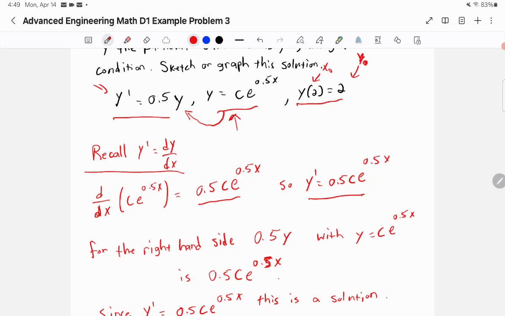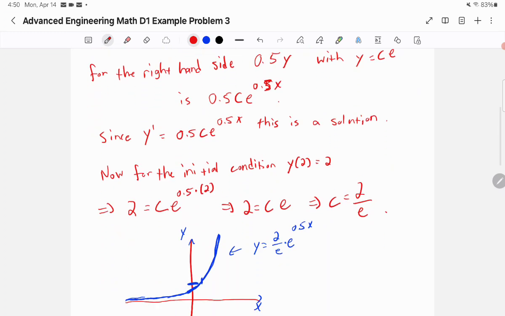Now, to handle the initial condition, I'm going to substitute in 2 for x and then set this whole thing equal to 2. So that means y of 2 is equal to 2, which implies that c times e to the 0.5 times 2 should be equal to 2.